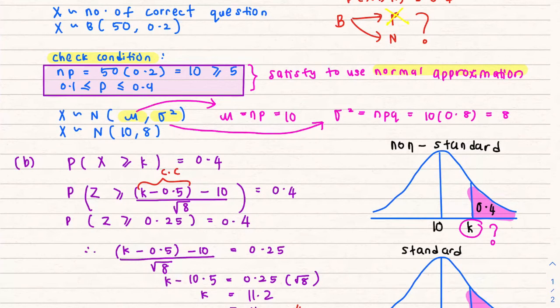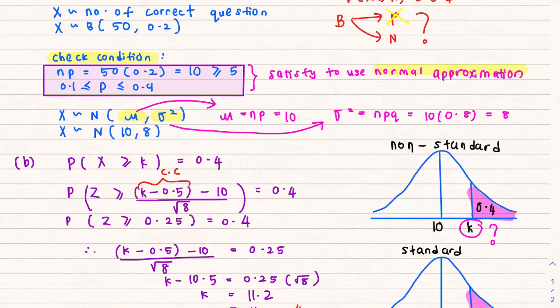Most of you didn't use the correction for continuity for question part B. That's why you have the wrong method. Wrong method, wrong answer, even though you have the same answer 11. So you have to have this step, k minus 0.5, because you have the equal sign here. Okay, so recall how to use CC.